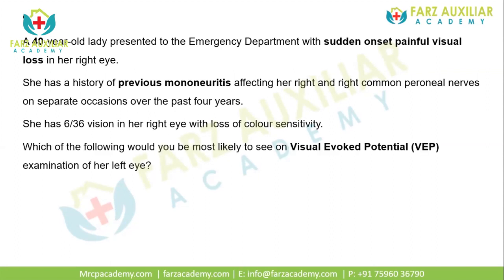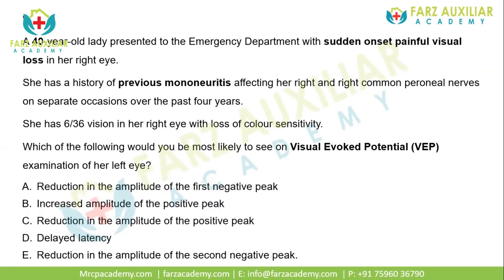Which of the following would you most likely see on visual evoked potential of the other eye, so the left eye? Reduction in amplitude of the first negative peak, increased amplitude of the positive peak, reduction in amplitude of the positive peak, delayed latency, or reduction in amplitude of the second negative peak?